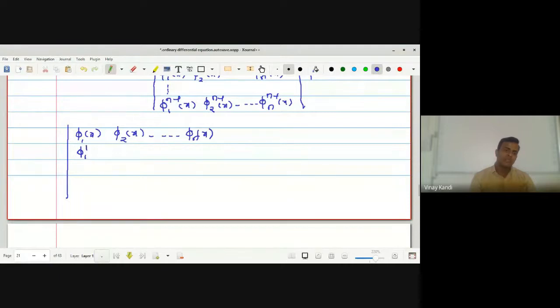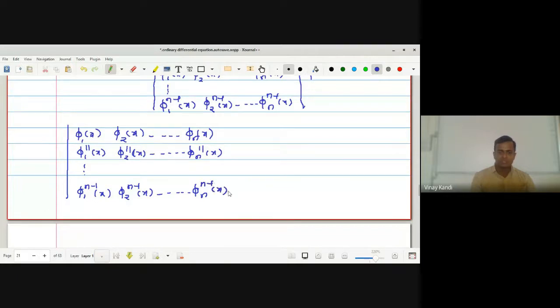So here we get phi 1 double dash of x, phi 2 double dash of x up to phi n double dash of x. At last, the last row as it is, phi 1 raised to n minus 1 of x, phi 2 raised to n minus 1 of x up to phi n raised to n minus 1 of x. So this is the second determinant. Plus, and so on.